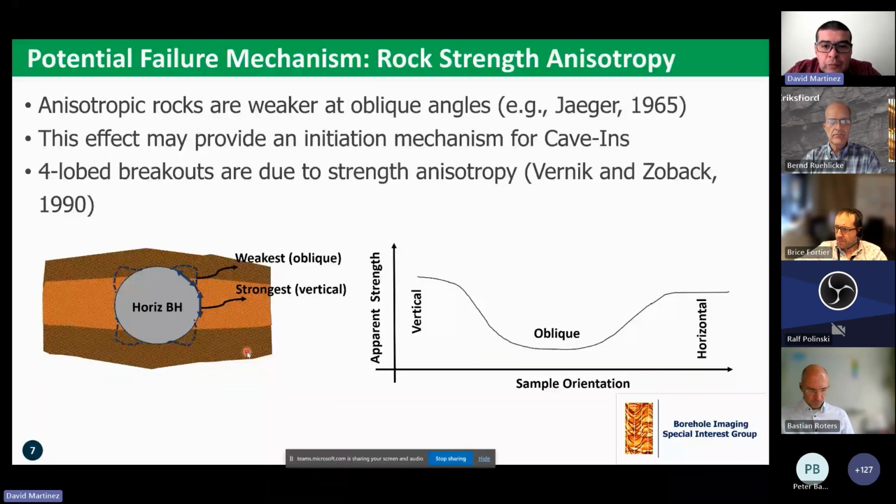The second mechanism is rock strength anisotropy. I feel this is secondary. To me, the first mechanism is more important. However, this one is well documented anywhere. What rock strength anisotropy means is that usually a vertical sample of the rock shows us stronger, as we see here, as compared with one that is taken at an oblique direction to bedding.